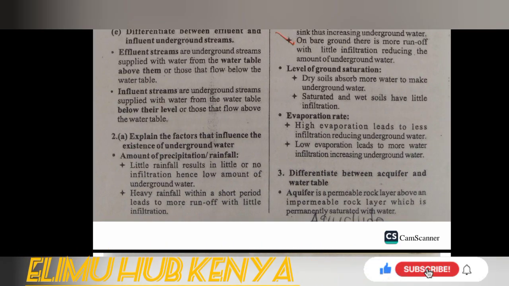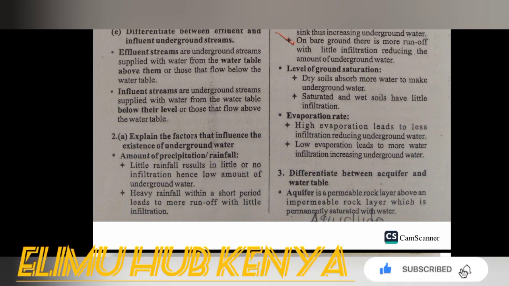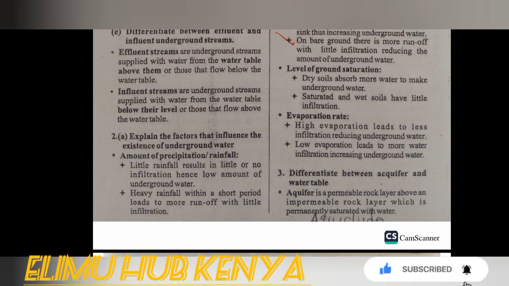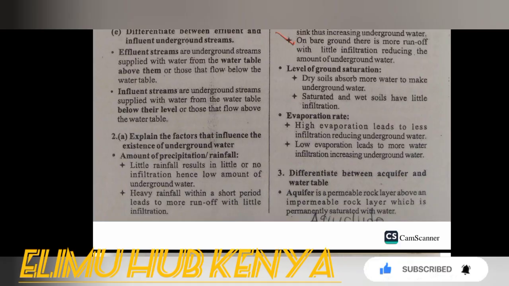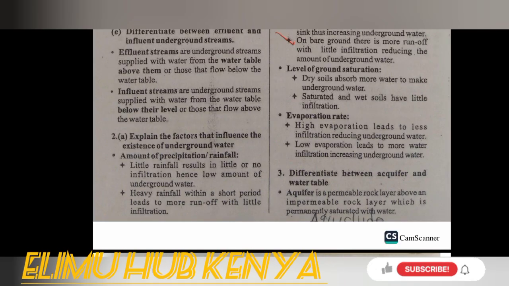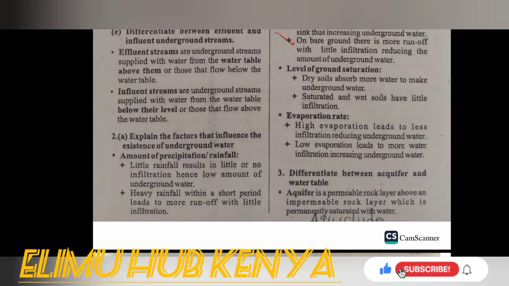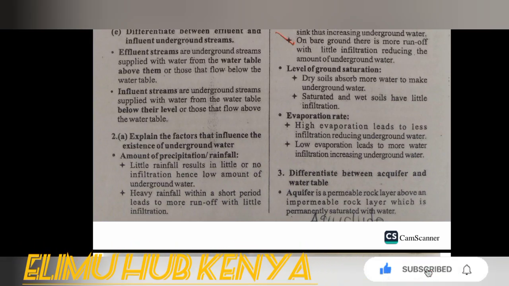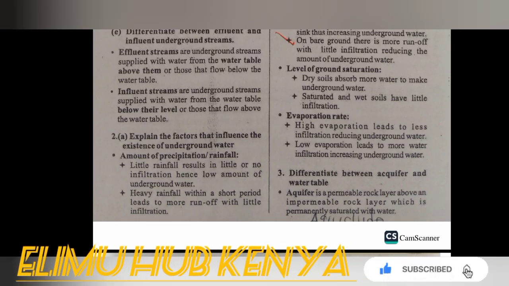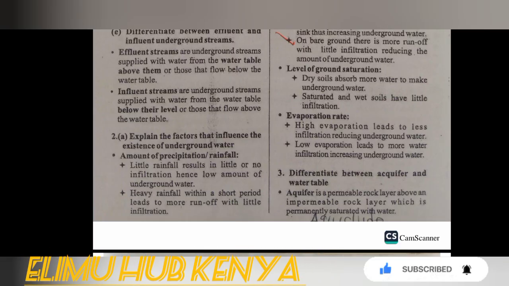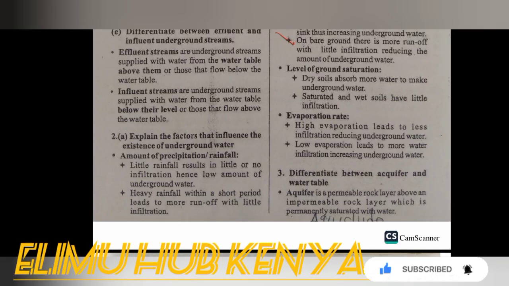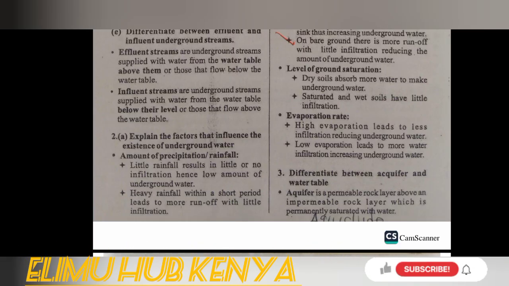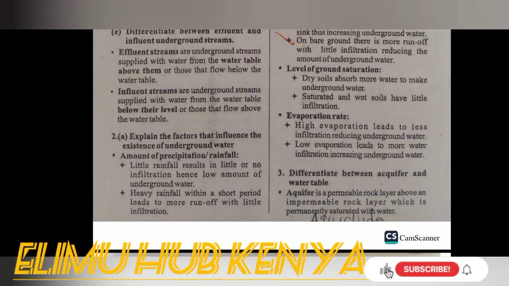In short, what I'm trying to say is that the higher the amount of rainfall that falls within a short period of time leads to a high amount of surface runoff, hence there will be a minimal amount of infiltration, and the end result of this will be a low amount of underground water.